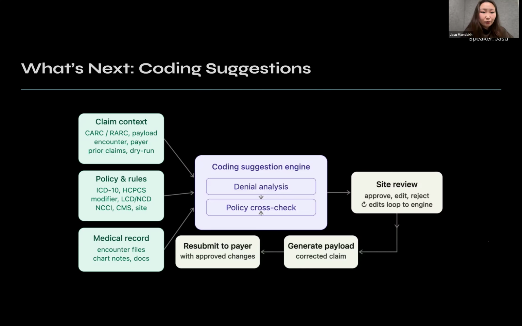But the next really cool thing that I want to spend time talking about is coding suggestions. We do get a lot of coding denials and rejections. Usually the workflow is that the coders working in the practice need to review these claims, look at the medical records, look at the coding, maybe the guidelines, look at the treatment plans for these patients, and then correct those.